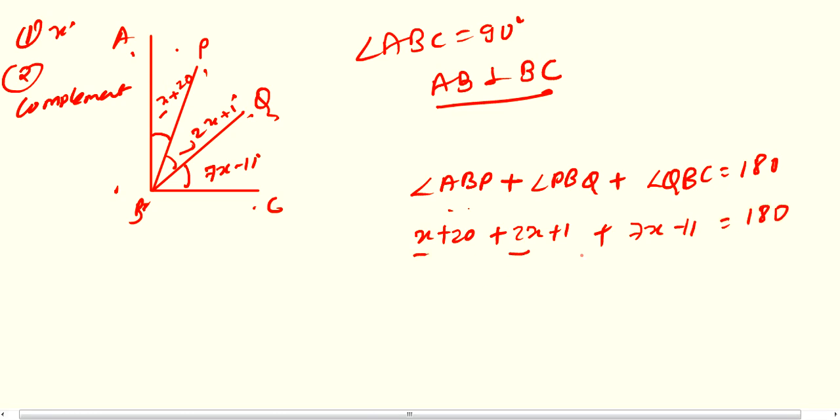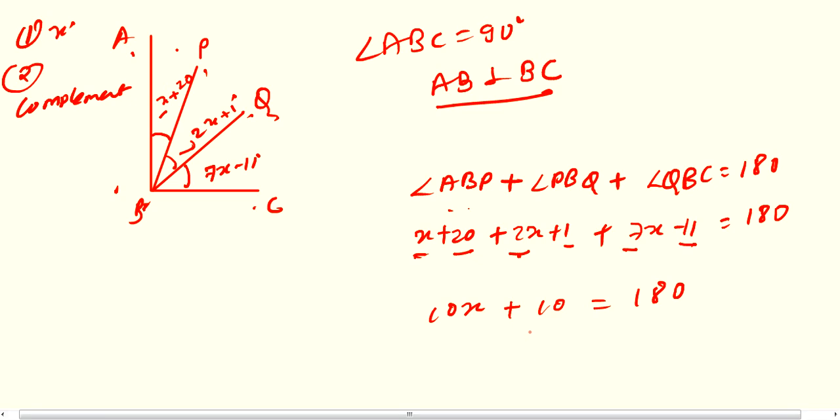Now x plus 2x is 3x, 3x plus 7x will be 10x. Then 20 plus 1 is 21, and subtract 11 from it, so you will get 10 degrees equals to 180.